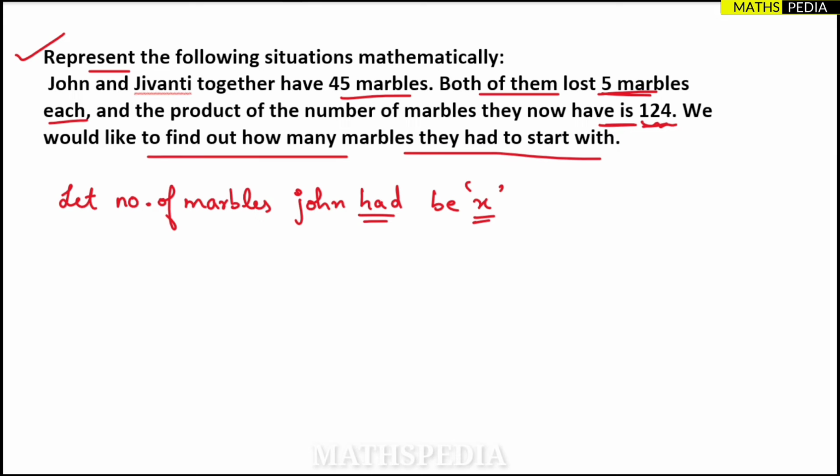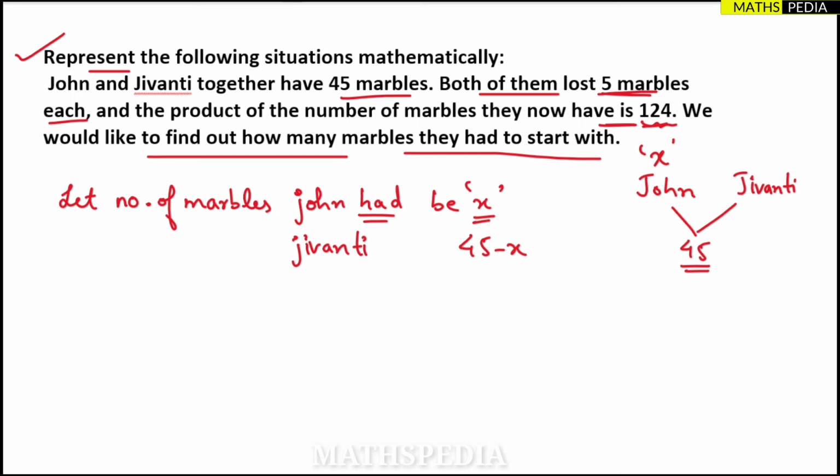Now Jivanti will have how much? It will be 45 minus x. Why? Let us try to understand this again. John and Jivanti together have 45 marbles. If I consider John having x marbles, then Jivanti will have the total number of marbles minus what John has.